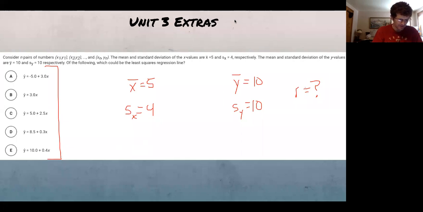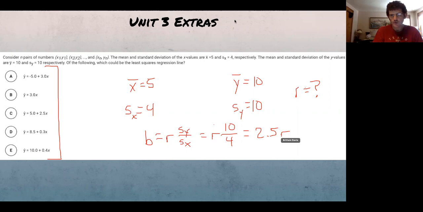And I imagine there's a lot of people that are right there. So remember that the equation for slope is r times the standard deviation for your y over the standard deviation for your x. And we know these two numbers. I don't know r, but I know that's going to be 10 over 4. So basically it's going to be 2.5 times r.